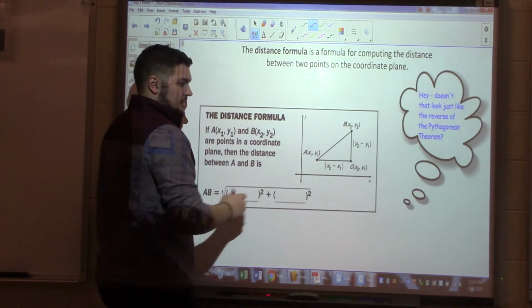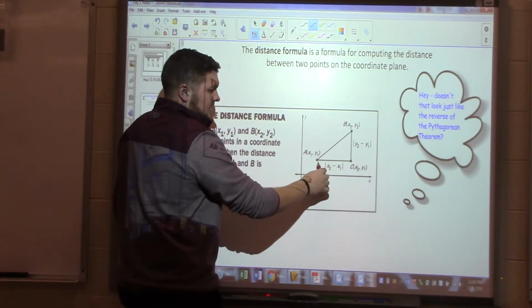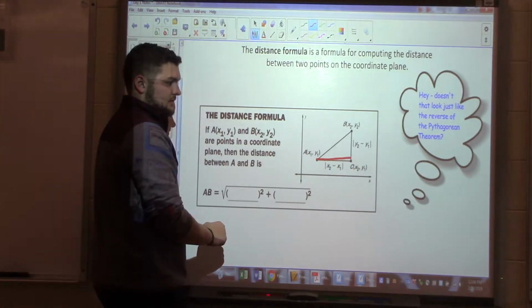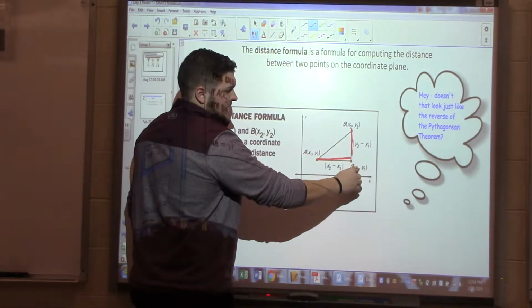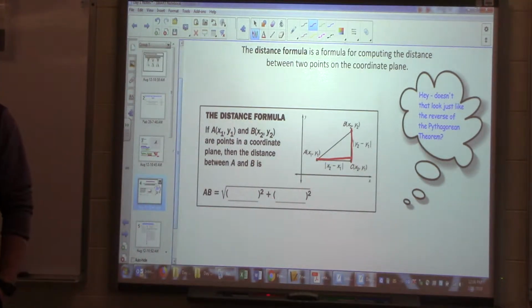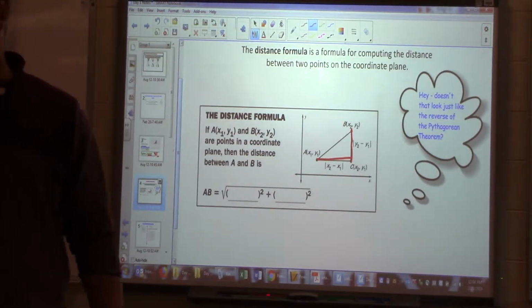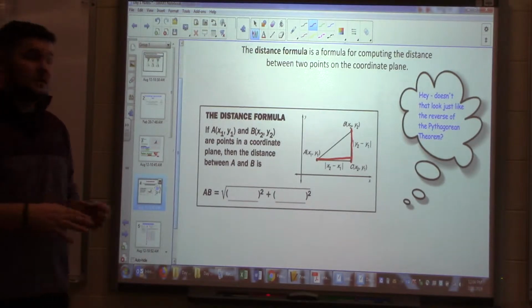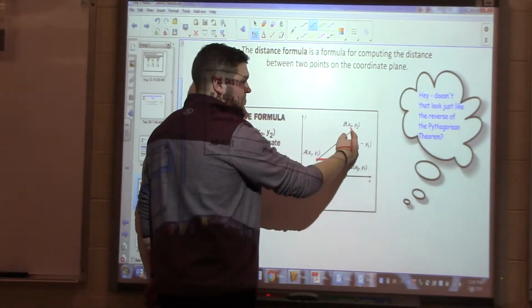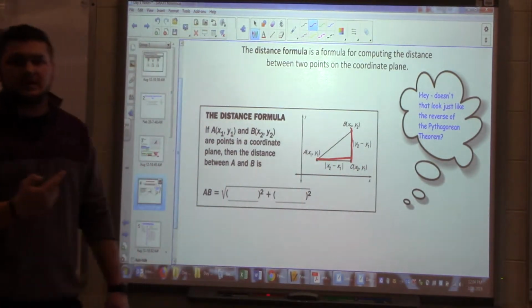Either way, right? My x2 value minus x1 gives me this length. My y2 minus my y1 gives me that length. If I square them and add them, and take the square root, that gives me my distance. So the distance formula comes from using a squared plus b squared equals c squared.